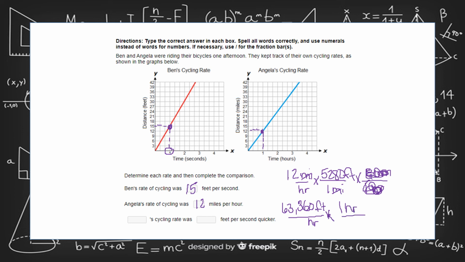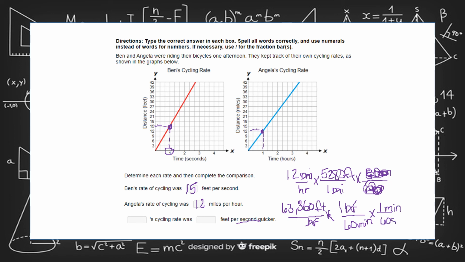How many minutes are in 1 hour? That would be 60 minutes. And I've still got to change it to per second. So minutes are on the bottom now, but I need to change that to per second. 1 minute is how many seconds?